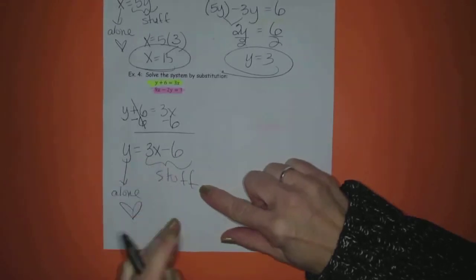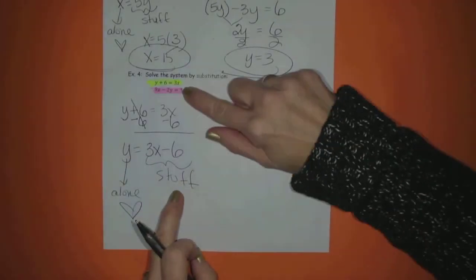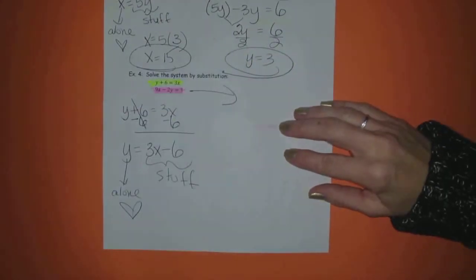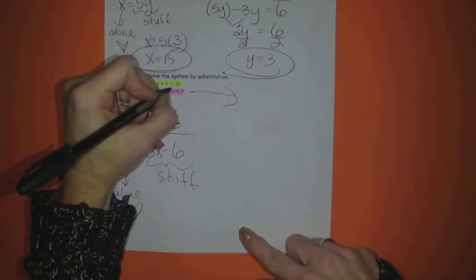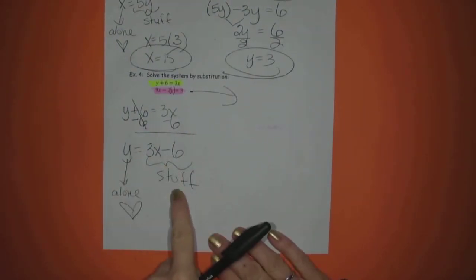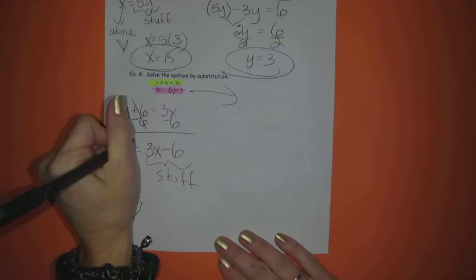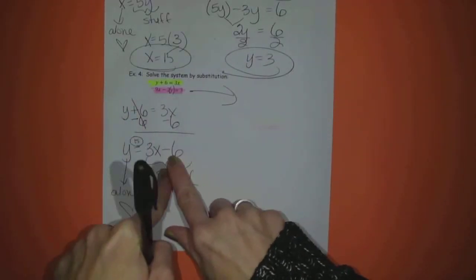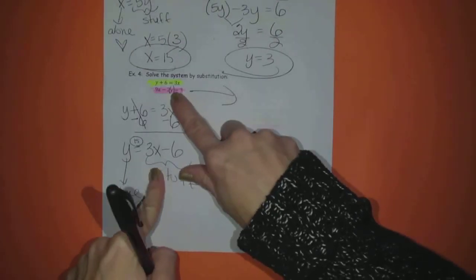Where does the stuff go? In the other equation. The untouched equation, which in this case is pink. And where the y is, we're going to stuff in 3x minus 6, because that's what y is. See, equals means is. Y is all this stuff, so all this stuff can go in for y.